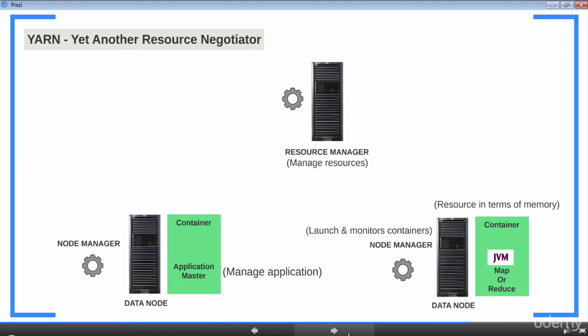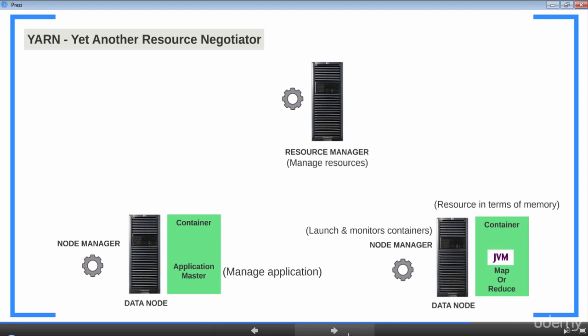Next difference you will see with YARN is that the job tracker is replaced by another process called resource manager and application master. The task tracker is replaced by node manager. The resource manager is usually executed on a separate node, just like the job tracker. The node manager is run on all the data nodes, replacing the task trackers.